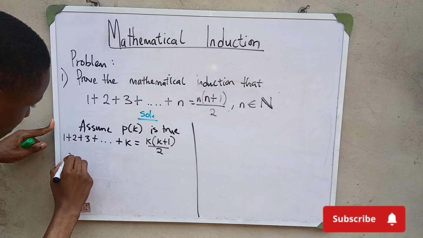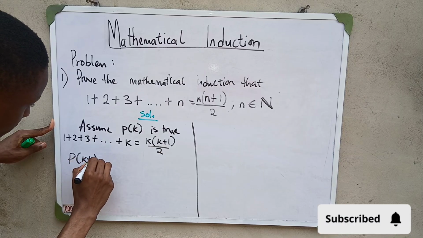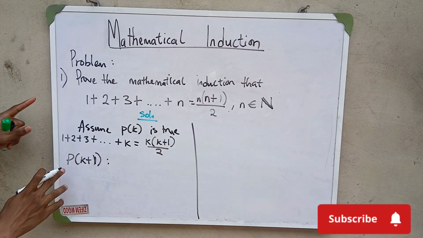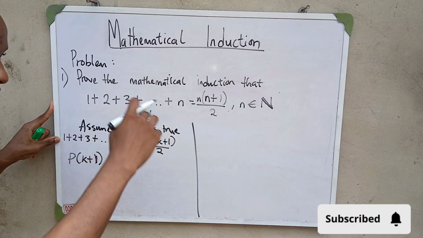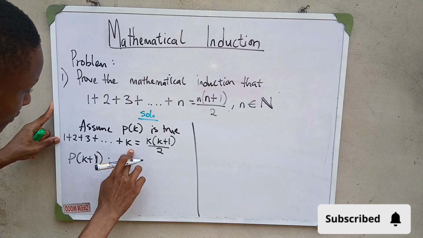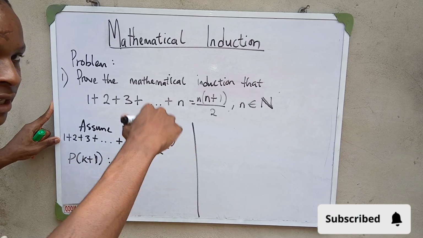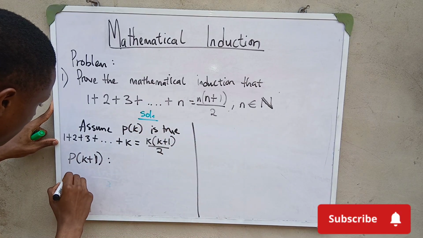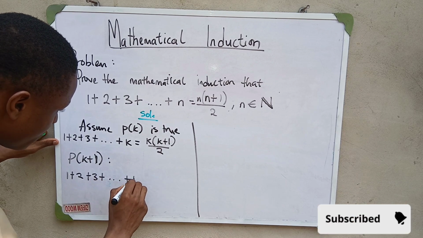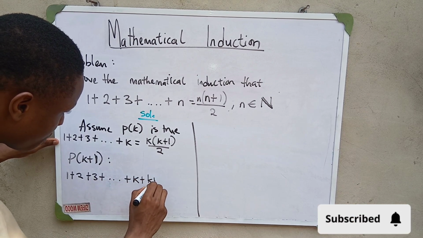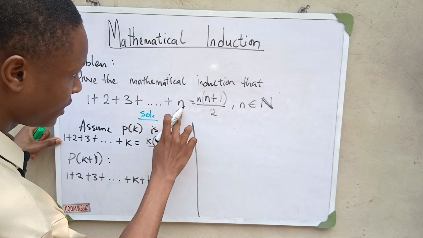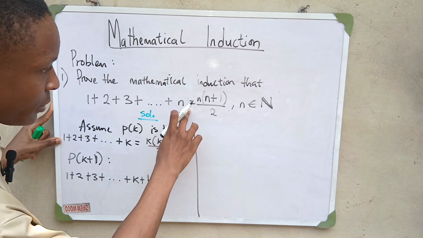So we now test for P of k plus 1. So P of k plus 1 is what? After k, we have k plus 1. So what we are just going to do is put all of this and add k plus 1 to it. So we have 1 plus 2 plus 3 plus dot dot dot plus k plus k plus 1 is equal to, now anywhere we see n here, we are going to put k plus 1.